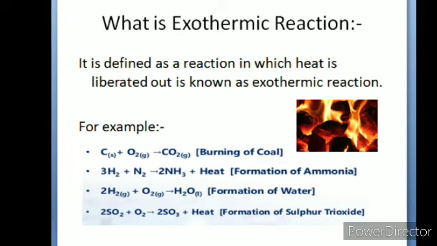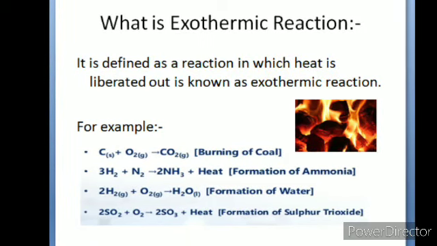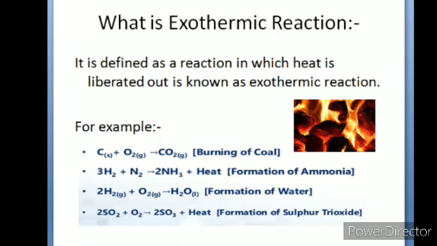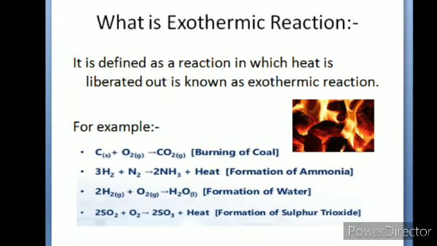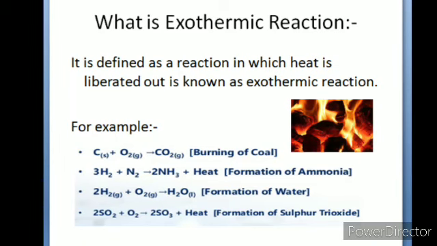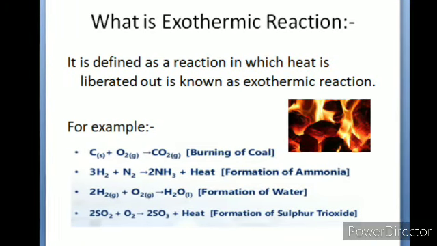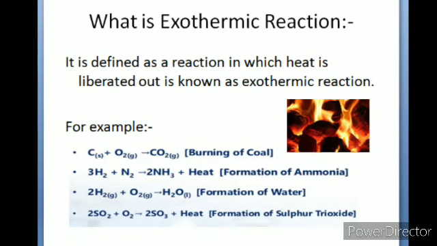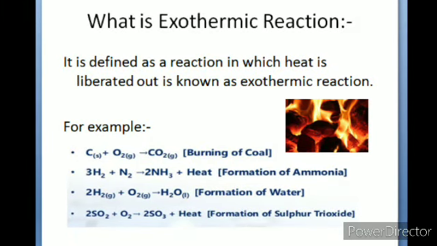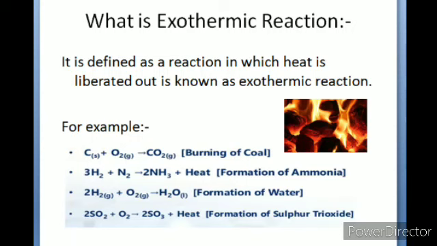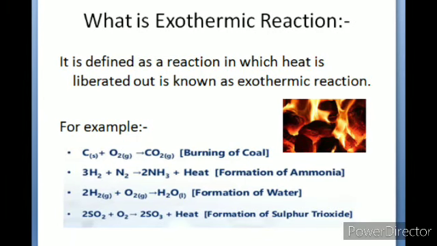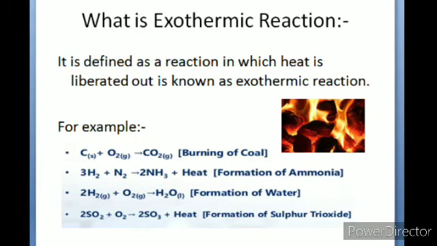Let's take another example. Hydrogen gas combines with nitrogen gas to form ammonia, and when ammonia is formed, a large amount of heat is liberated out, which makes the surroundings hotter. So again, this is an example of an exothermic reaction. Next example, formation of water.